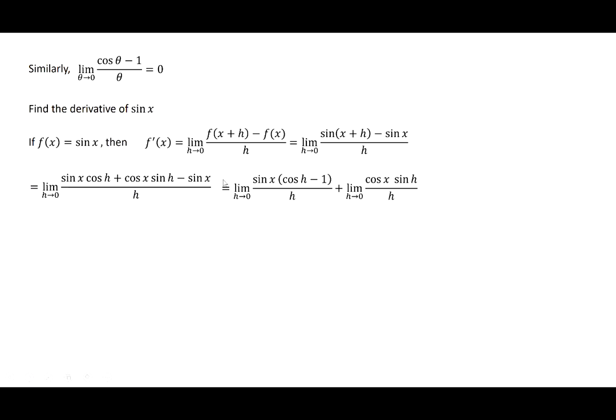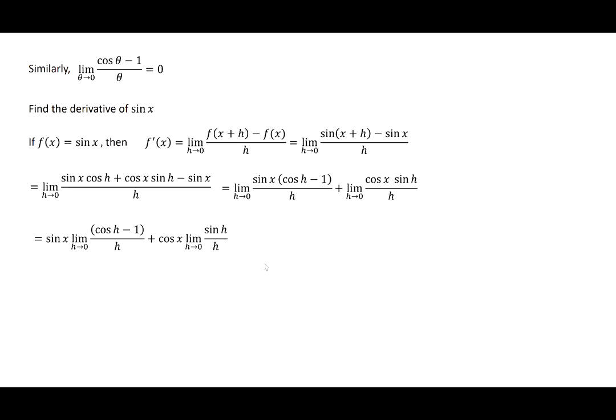A constant multiple can be pulled outside of a limit. So it allows us to pull the sine x outside and say limit as h approaches 0 of cosine h minus 1 over h. Similarly, from the second limit, we are allowed to pull the cosine x outside of the limit, and that gives us cosine x times the limit of sine h over h as h approaches 0.